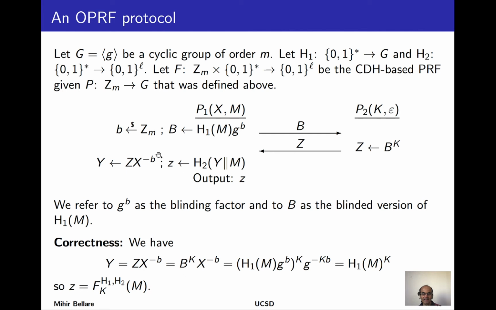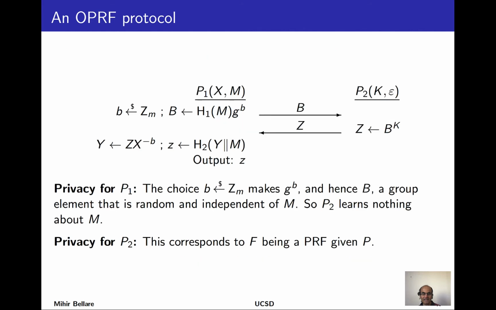Okay, so we now have a candidate protocol which is correct and looking much nicer, at least, than our naive attempt. So let's see what we can say about privacy. Now this is of course always a little delicate because here we're reasoning in the absence of precise definitions, but intuitively it's very clear, hopefully, that at least in our semi-honest setting, party 2 learns absolutely nothing about the message. Why is that?